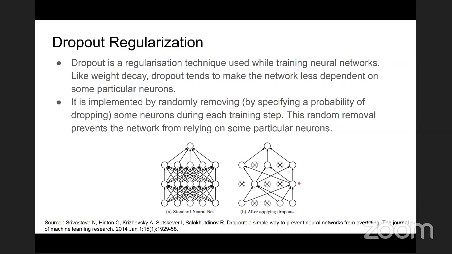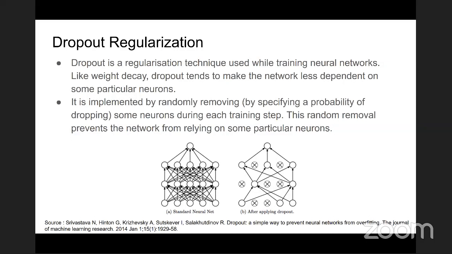If by chance two previous neurons were giving you correlated activations, it will break that correlation. If one of them is turned off, its weight will not be updated while the other one will be updated. So it helps them break these symmetries. It helps them learn independent features, because they are also extracting features from the input.